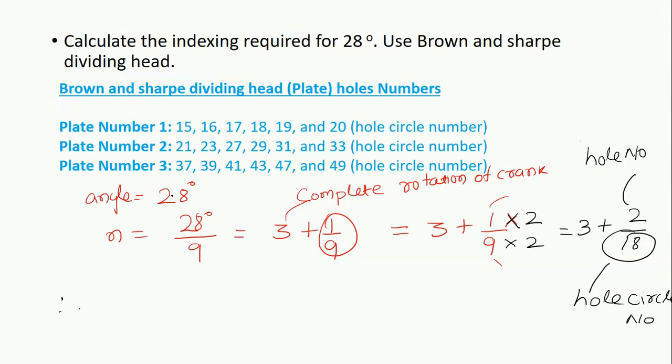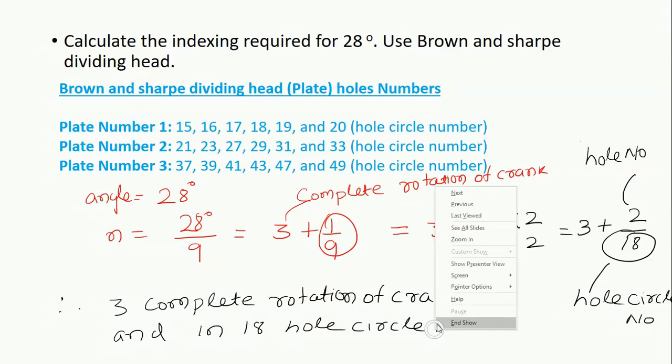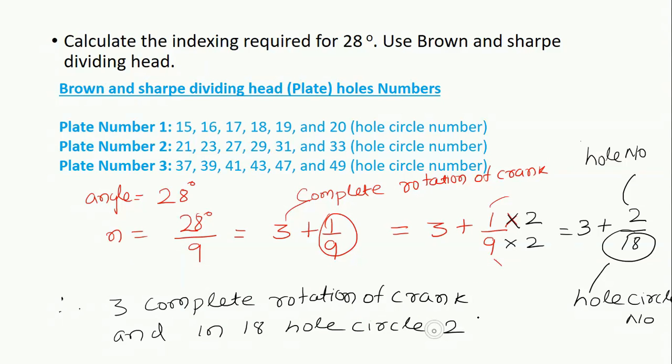Okay, for this 28-degree movement, what do we have to do? 3 complete rotations of the crank and 2 holes in the 18 hole circle. So the number of holes.